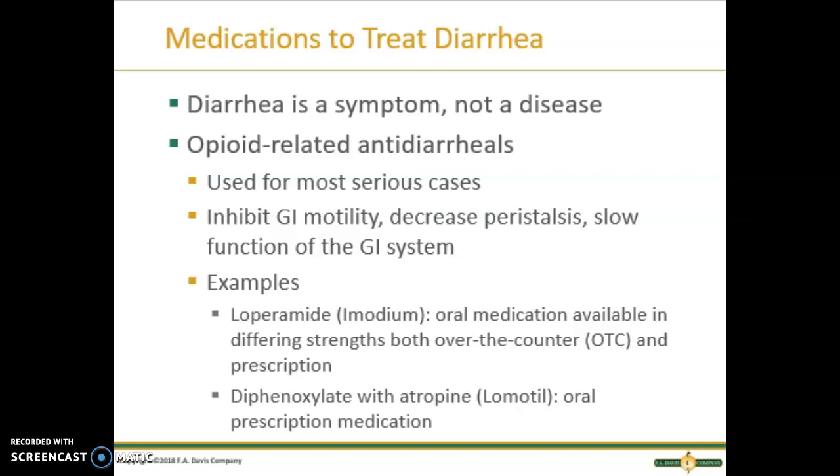So opioid-related antidiarrheals are used in the most serious of cases. They inhibit GI motility, they decrease peristalsis, they slow function of GI system. Examples of this, Imodium is one of them that you've probably heard of. Lomotil is another one.